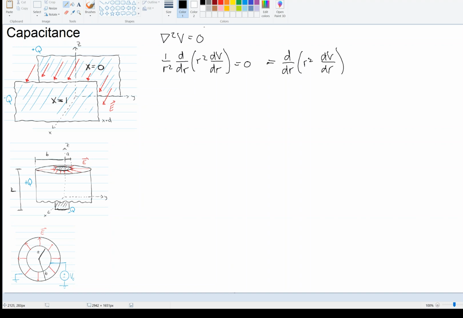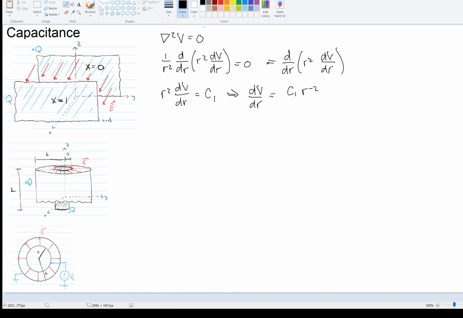So I need to integrate once. I have the derivative of something, in parentheses, equals 0. So when I integrate once, that means that something is a constant. I'll call that constant C1. And then I can divide by r squared. So I've got C1 r to the minus 2. I'll write it like that.